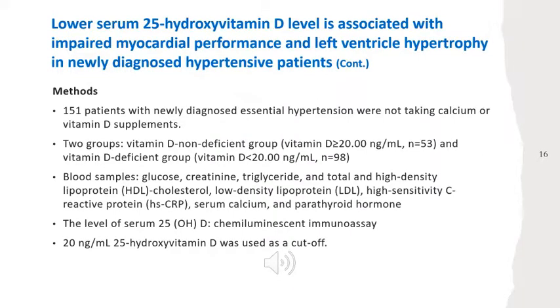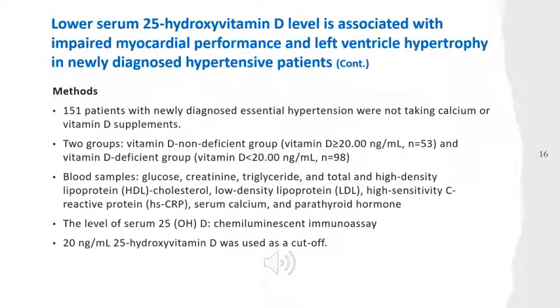Next, I focus on the methods. 151 sequential patients with newly diagnosed essential hypertension were included in the study. None of the patients was taking calcium or vitamin D supplements.